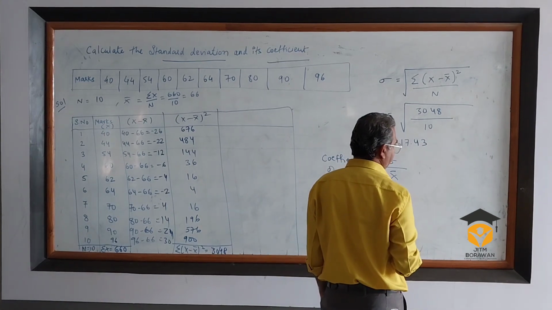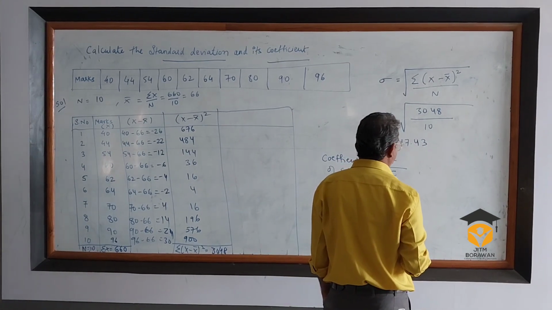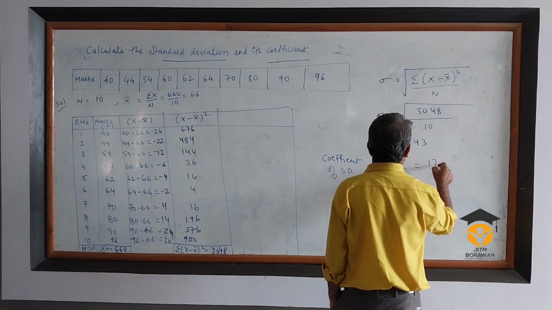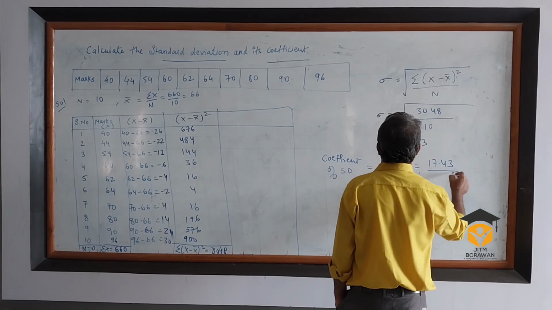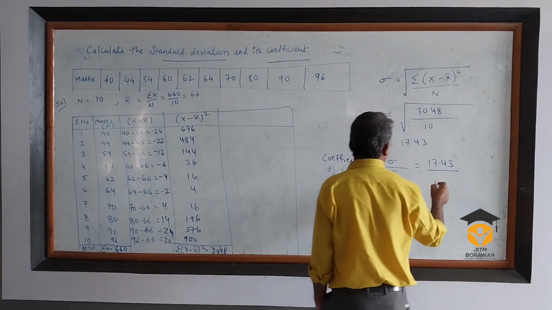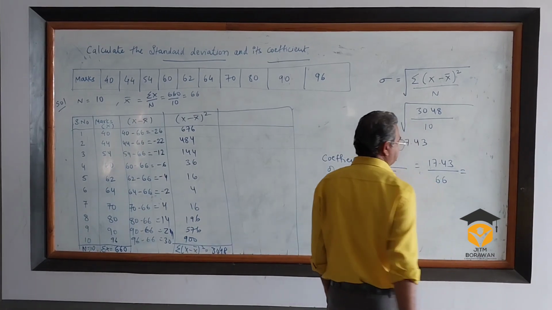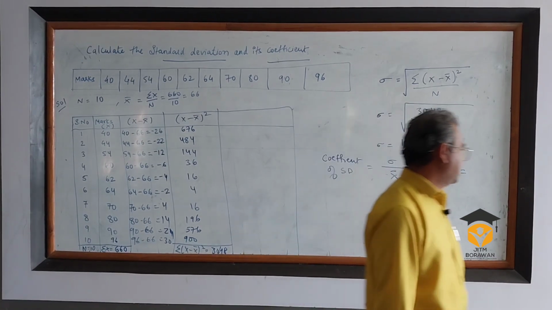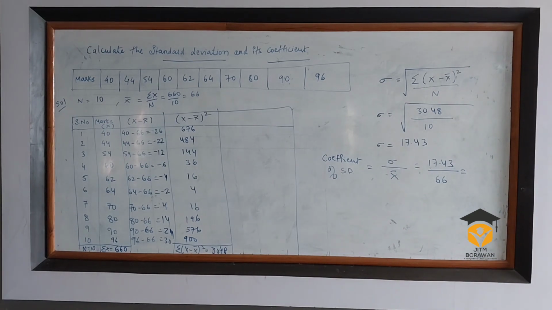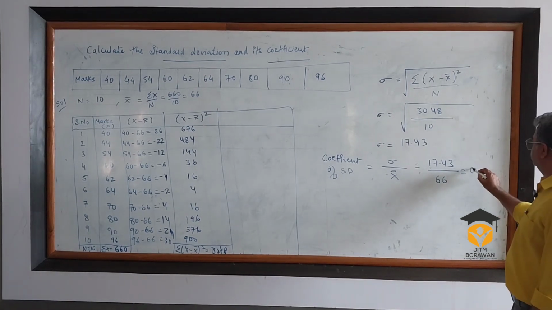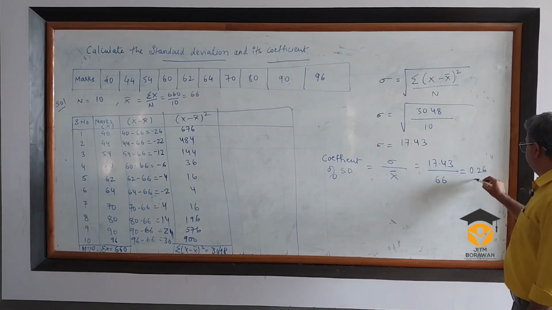Sigma is 17.43. And what is arithmetic mean? Arithmetic mean is 66. After solving this, the value of coefficient of standard deviation was found to be 0.26.